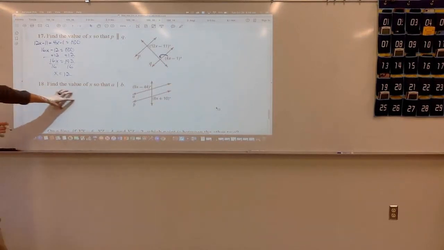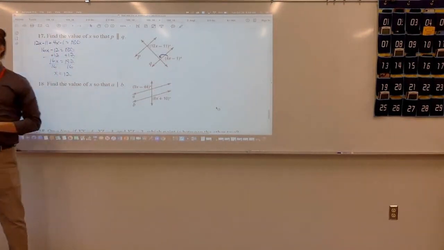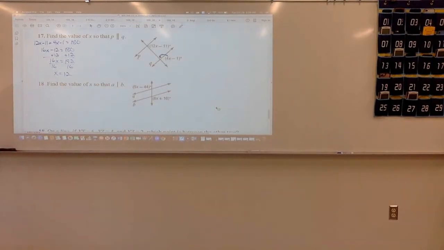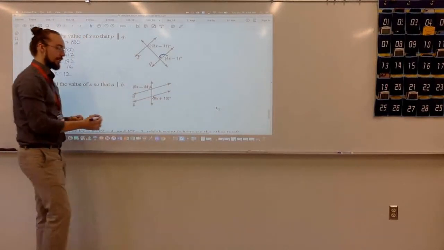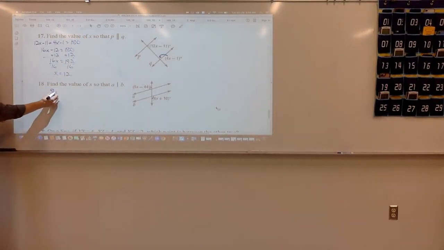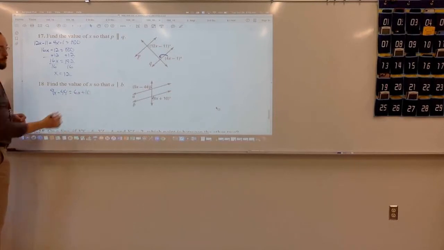In number 18 here, I'm looking at alternate exterior angles. These two angles are going to be equal to each other. Alternate exterior angles are congruent. So my setup would be 9x minus 44 equals 6x plus 10.